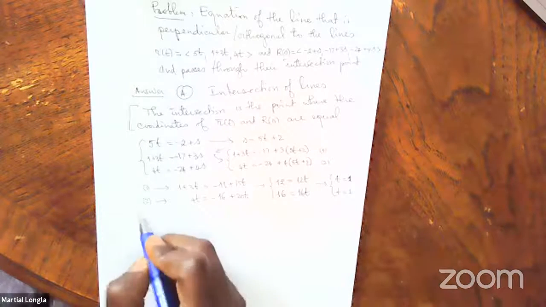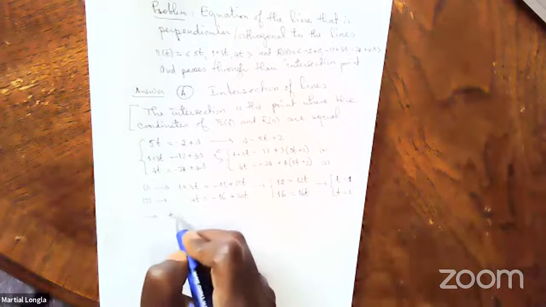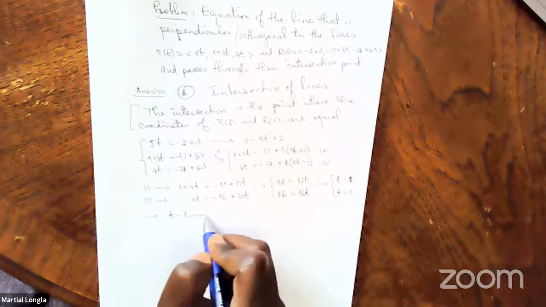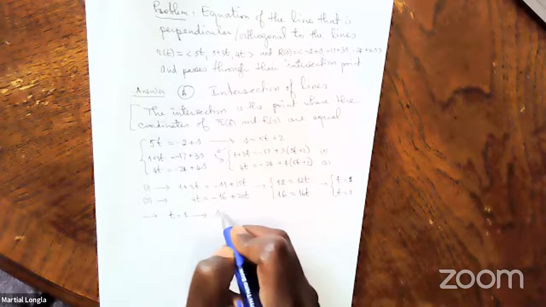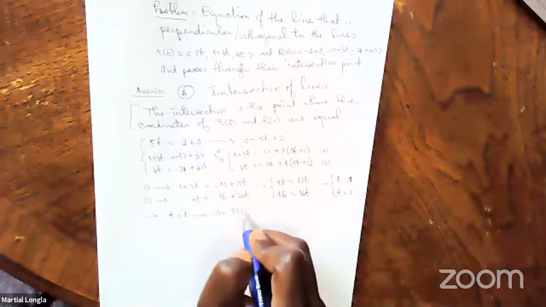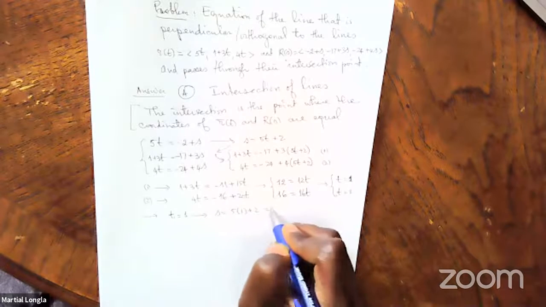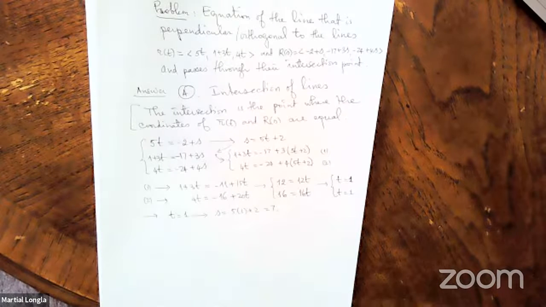So in this case, we got t equal 1, which tells us s equals 5 times 1 plus 2 equals 7. So when t equals 1 and s equals 7, the two points are the same.